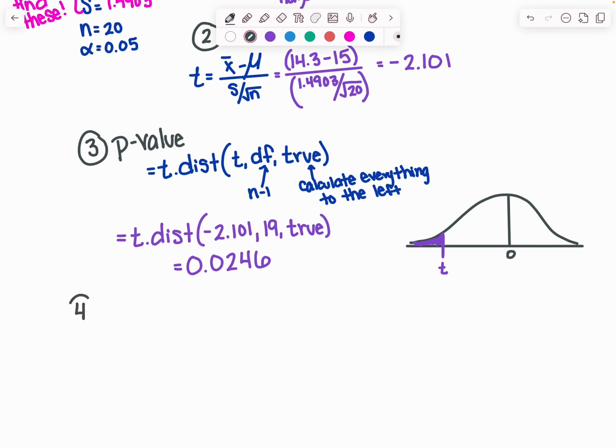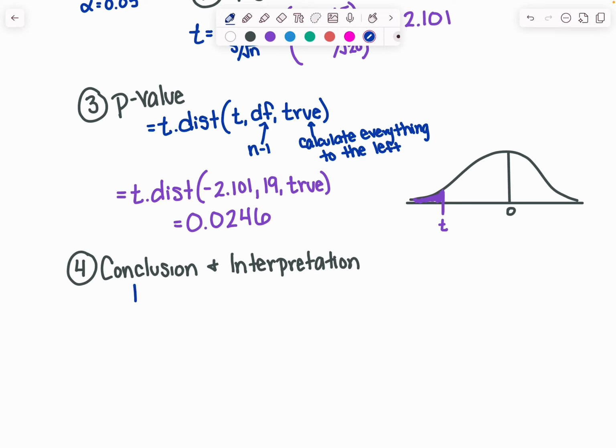So is that probability too small? Is that too unlikely? Which would mean that our results are significant.